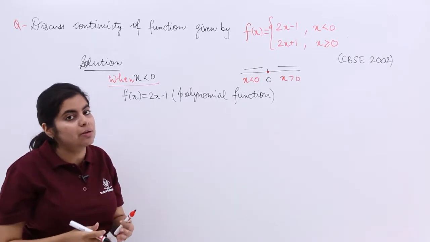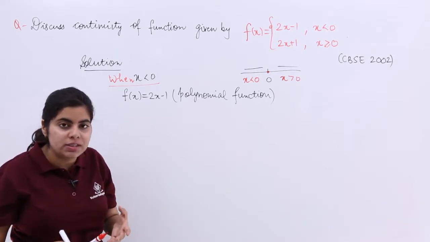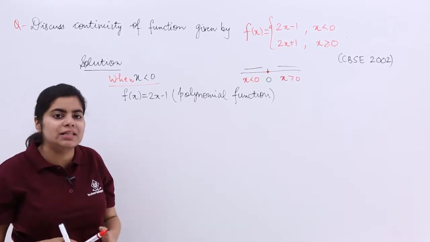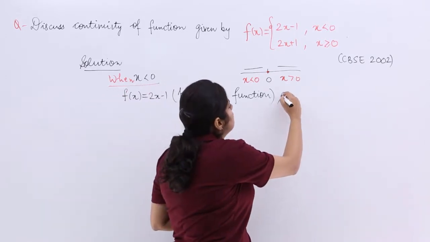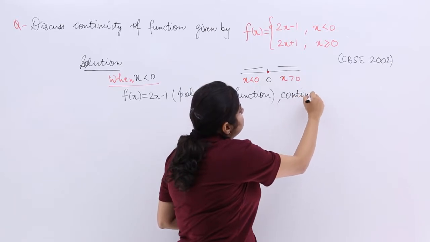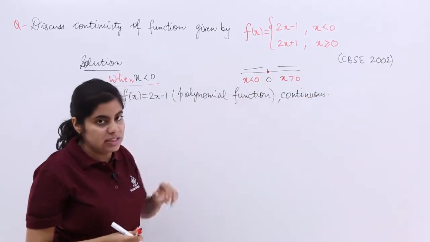We have studied in the subtopic of always continuous functions that polynomial function, constant function, identity function, these are always continuous. So since f(x) is equal to 2x minus 1, which is a polynomial function, it is continuous. So there is no problem when x is less than 0.